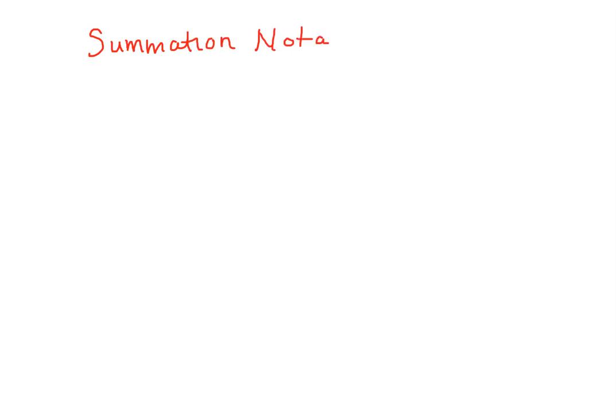Okay, summation notation. Summation notation is a way to represent a series using the Greek letter sigma, and we're going to use that to denote the sum. So in this example, they've got a 5 up here, n equals 1 to n. Let's see what all these things mean.